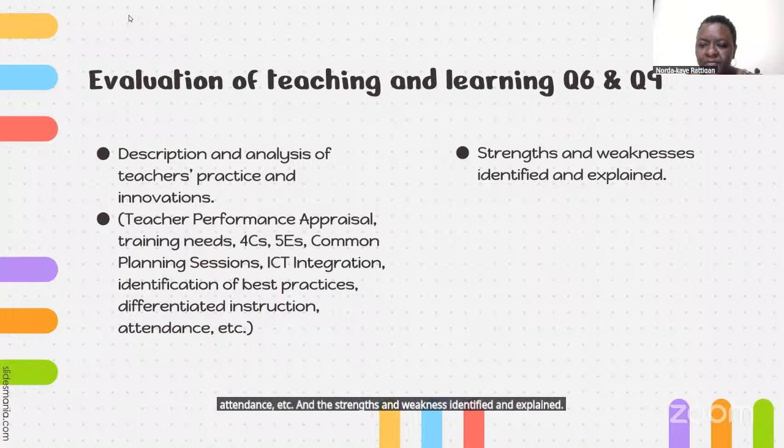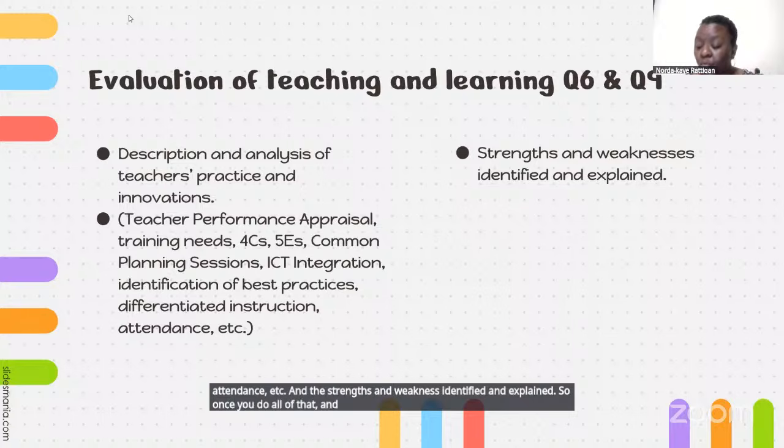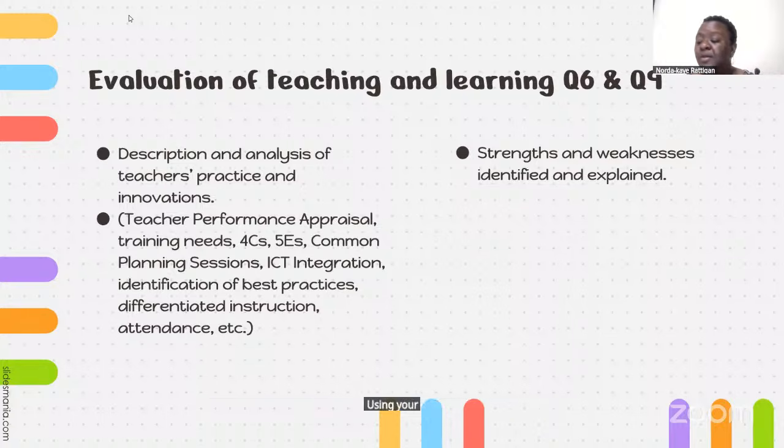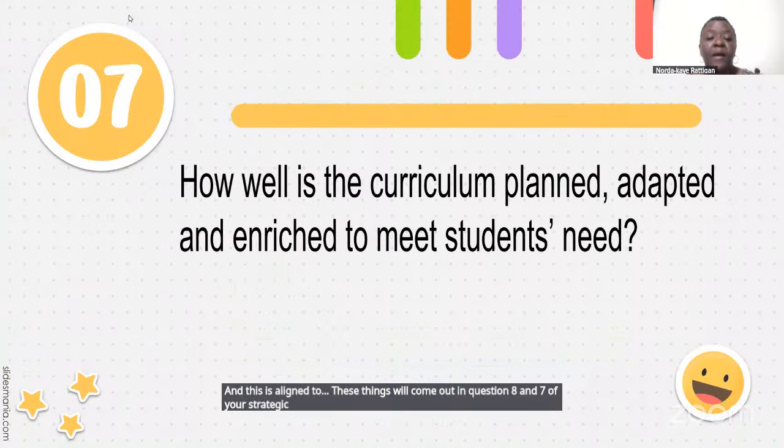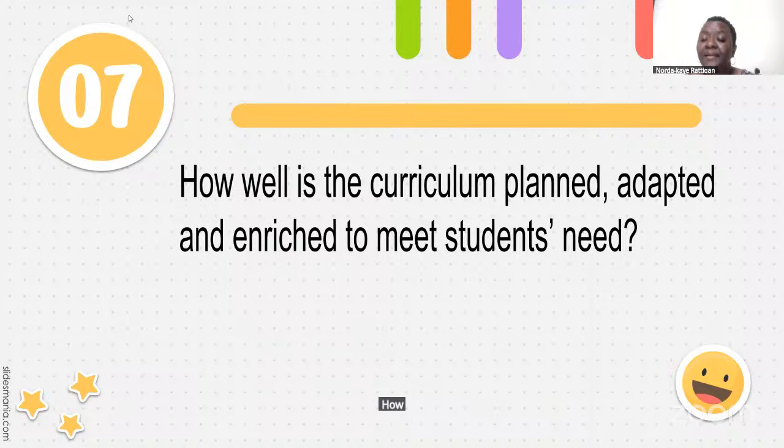Once you do all of that and you can explain using your diagrams, you should be good. And this is aligned to questions 8 and 7 of your strategic objectives: how is your curriculum planned, adapted, and enriched to meet the students' needs?